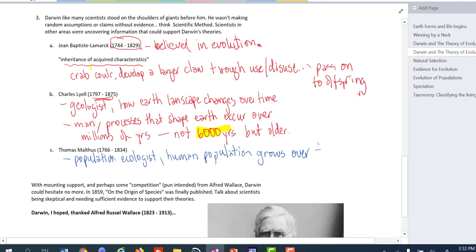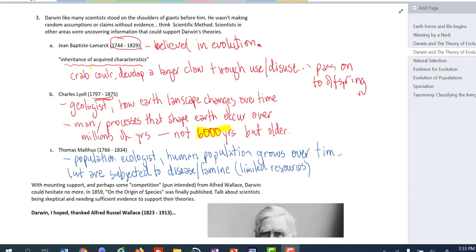So human populations grow over time, but are subjected to things like disease and famine, limited resources, right? And due to this, there would be a struggle to survive. Okay, so any population in which there are limited resources would experience this struggle to survive.